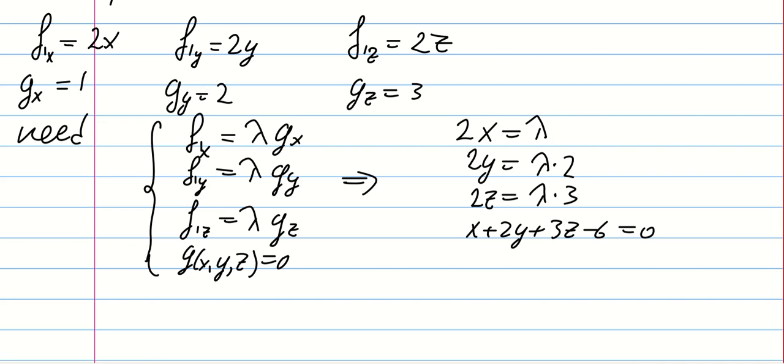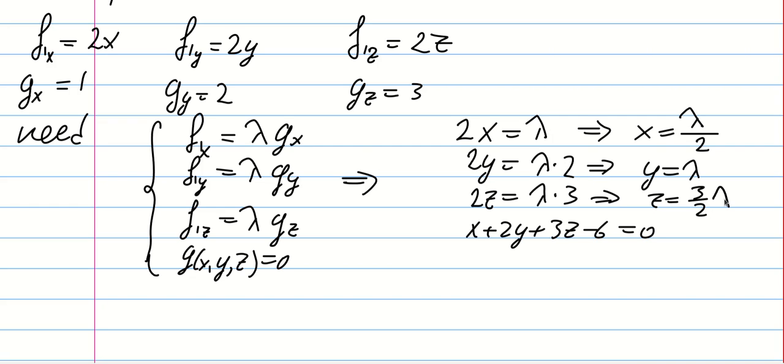All right, so we have these expressions. From the first one, we have x equal to lambda over 2. From the second one, y is equal to lambda. And from the third one, z is equal to 3 over 2 lambda.